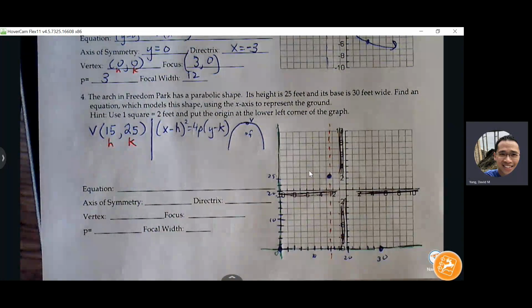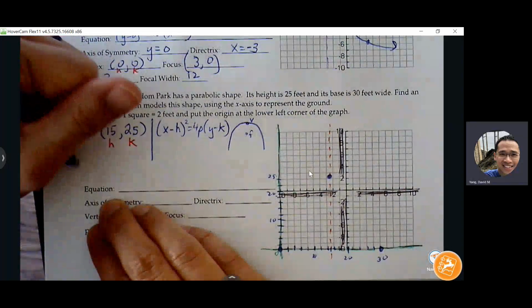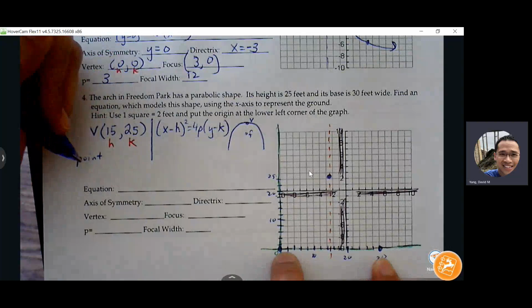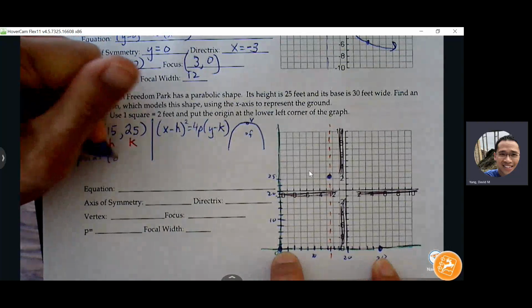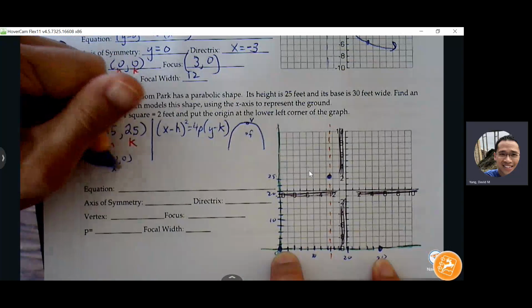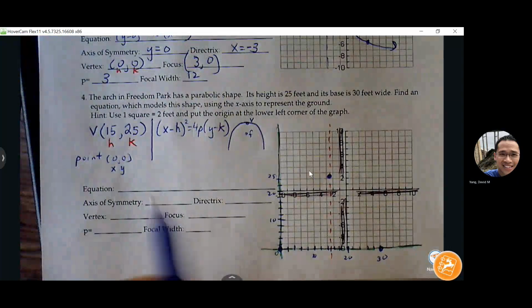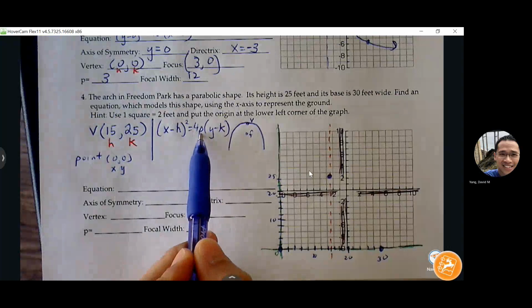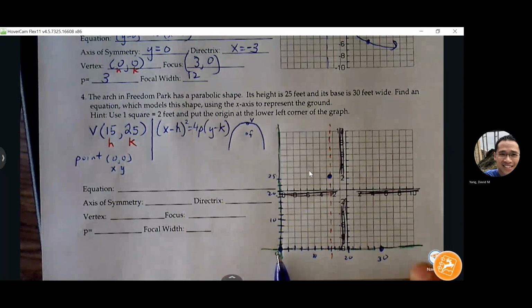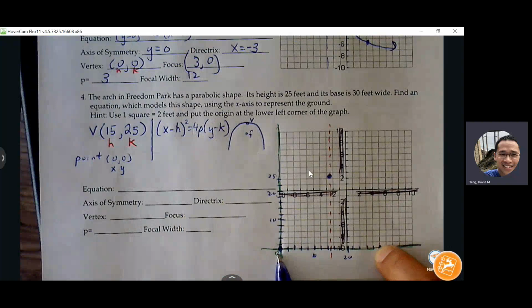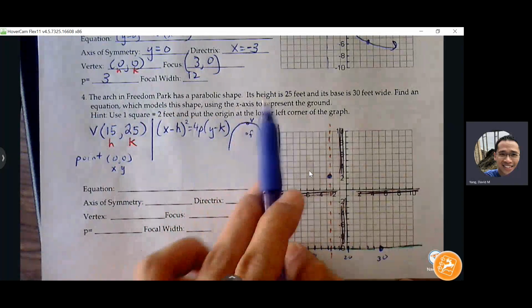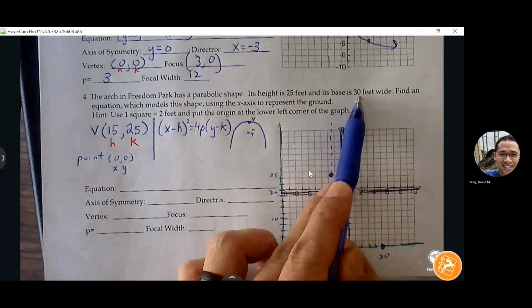Okay. So I have an ordered pair. I want to choose the easier ordered pair here. I can choose either 0, 0 or 30, 0, but I'll choose 0, 0. It'll be easier to plug in. That's my temporary x, y. If I can plug in 15, 25 and the x, y, I can solve for p. Because my arch is going to be 30 feet wide.